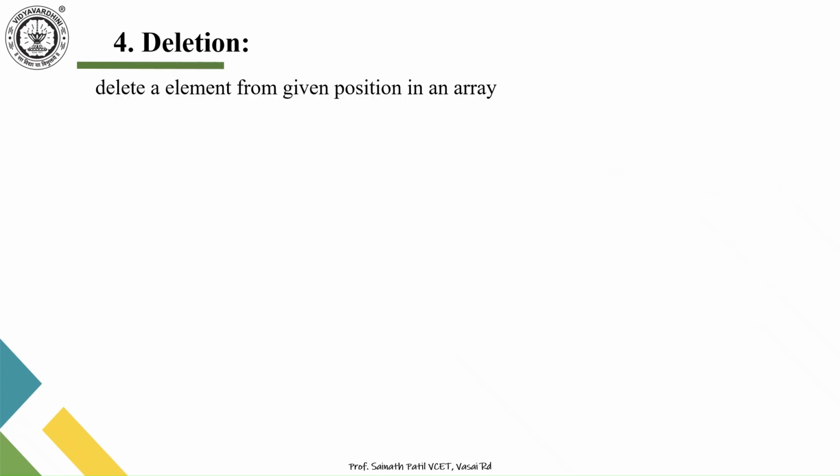Next is the delete operation, deletion operation, that is deleting a data element from an array at any given position. Position will be given by the user. So for that we write a C program or a function, C function, for example, void delete array, where it takes int a of square bracket, that is array, and size, that is n is the size.